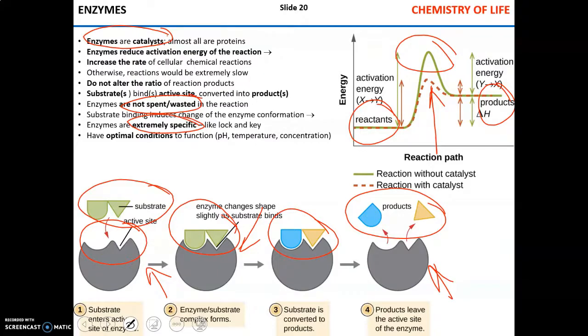Every enzyme has optimal conditions to function. For instance, enzymes in your stomach will have low pH being optimal. And enzymes that work in your gut will have neutral pHs being optimal. Different temperatures, different concentrations of enzymes, substrates, and other chemicals, all of it contributes to how well the enzymes work.